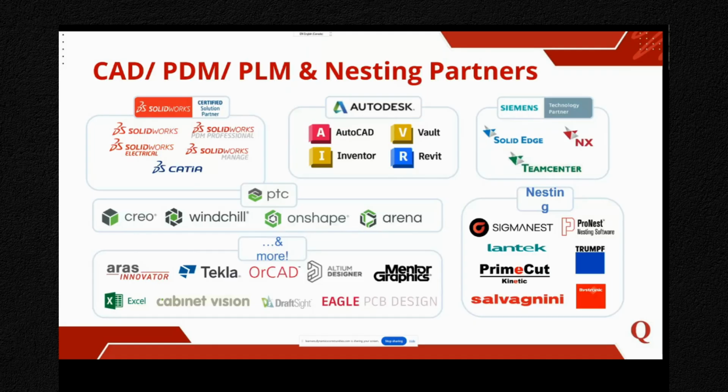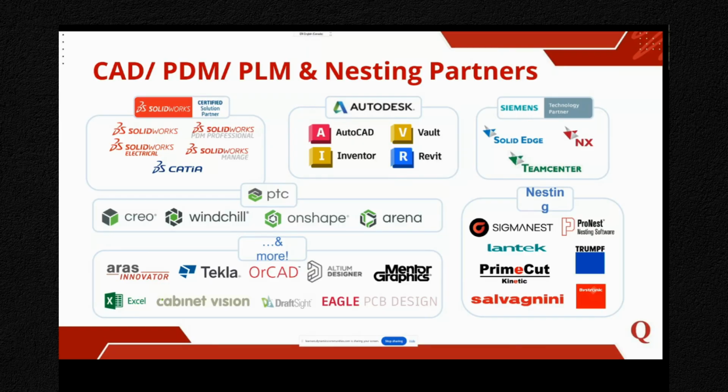This is what we're looking at in terms of the CAD, PDM, and PLM, as well as nesting partners. Common ones that you might recognize here are SolidWorks, PTC products such as Windchill and Arena, which are very common PLMs, as well as the Autodesk products: Vault, Inventor, and AutoCAD, which is actually the first one we ever did, and we have quite a few more.